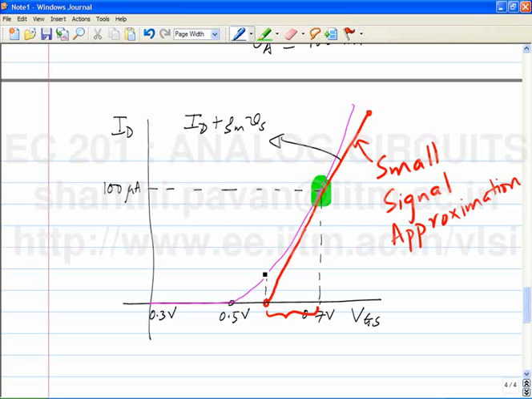But what can you say about the transconductance of the transistor at this point? The slope at that point is much smaller than the slope at our operating point. So you can conclude that when the transistor is truly cut off, the gain is 0. GM is 0 and GM times RL has to be 0.